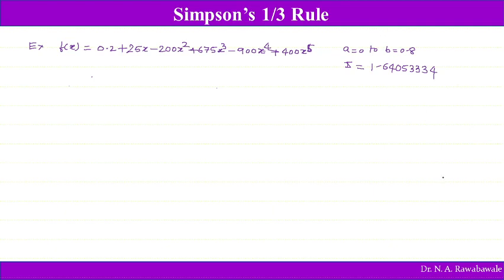Now we want to integrate this function using Simpson's one-third rule. So first we'll write the formula for the integral using Simpson's one-third rule, which is I is equal to (b minus a) times f of x naught plus 4 times f of x1 plus f of x2, whole divided by 6.